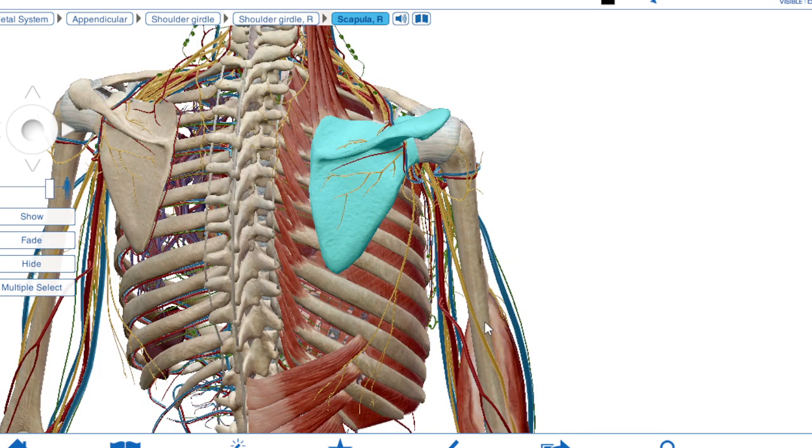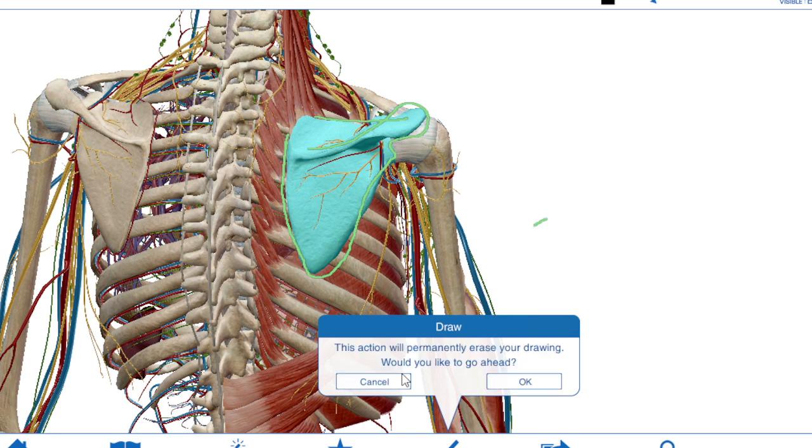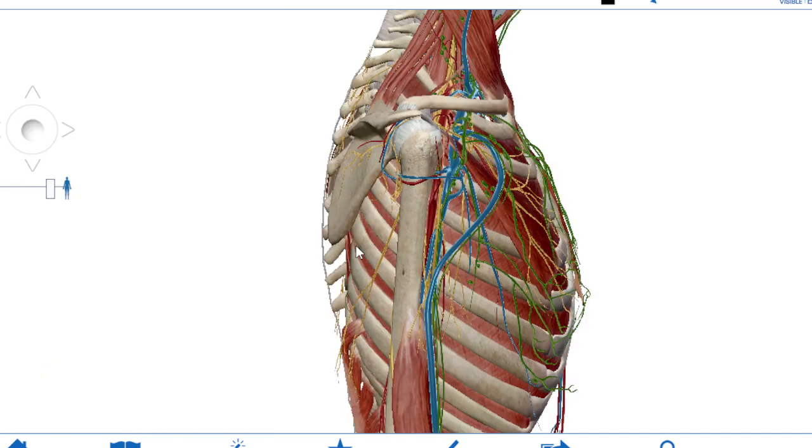This is the scapula bone. Now I am removing the humerus bone. I have removed this bone. This is the scapula.